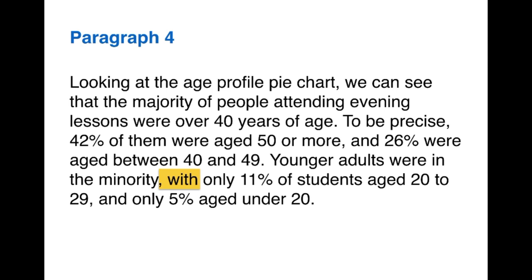If you look at the beginning of that sentence starting with the word younger, "Younger adults were in the minority," you could stop the sentence there, it's a full sentence. But if you want to add the number on the end, comma with, only 11% of students aged 20 to 29 and only 5% aged under 20. And that's paragraph 4 finished, and the whole essay, the whole report is finished because we have no conclusion as usual.